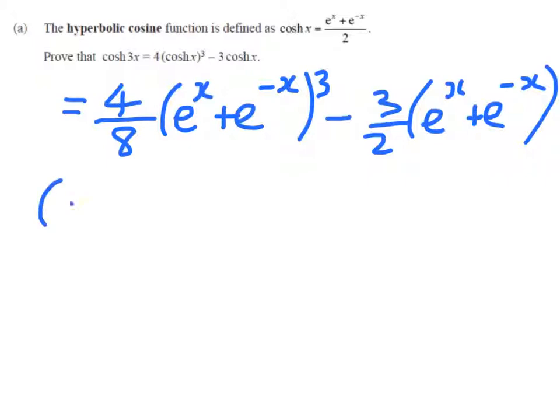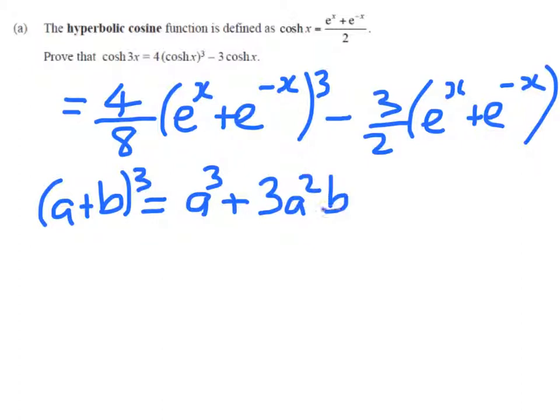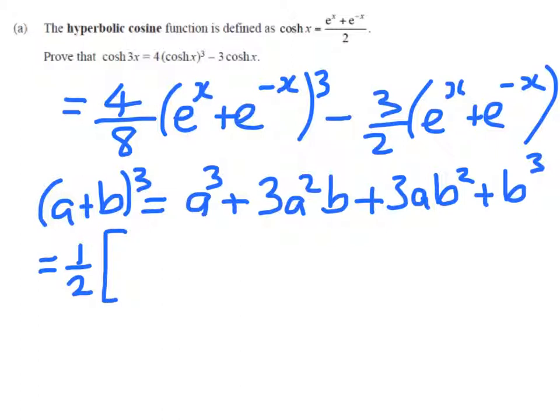Now, remember that if I've got a plus b cubed, I can expand that straight away like this. And that's just using the coefficients from Pascal's triangle, which is another way of saying you're using the binomial theorem. So let's look at what that means here. Well, I've got 1/2 times my a is e to the power of x, and my b is e to the power of negative x.